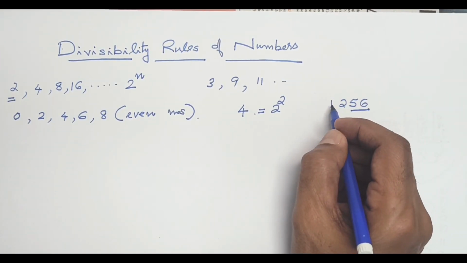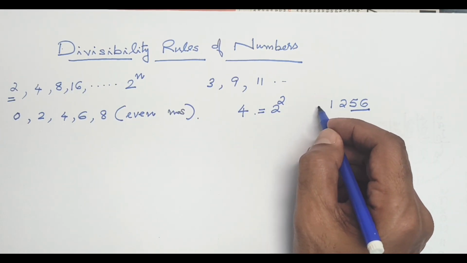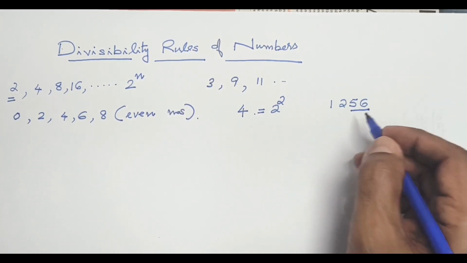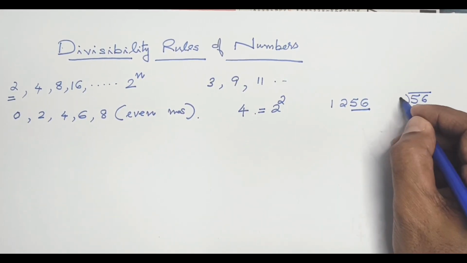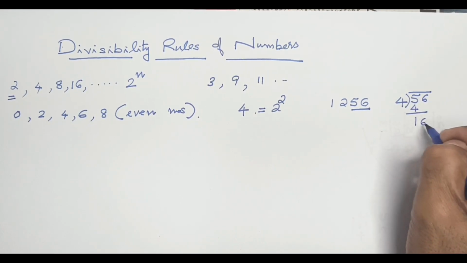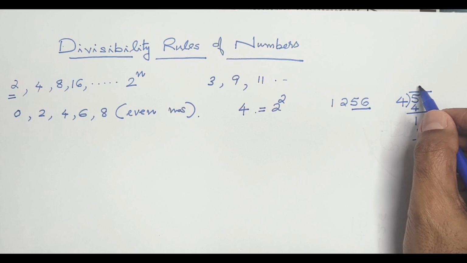In fact, you can have any number of digits to the left of 56. There could be hundreds of digits. We take the last 2 digits, and if that part, say for example 56, when you divide it by 4, what do you have? 4, 16, 16, 0. I'm not writing the quotient you get here.